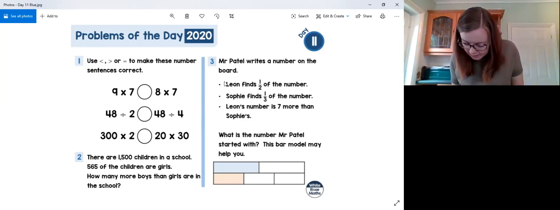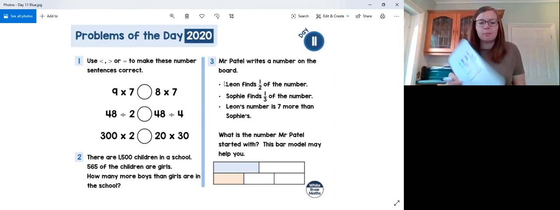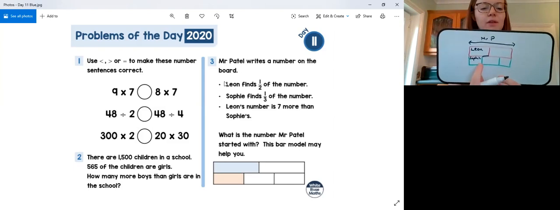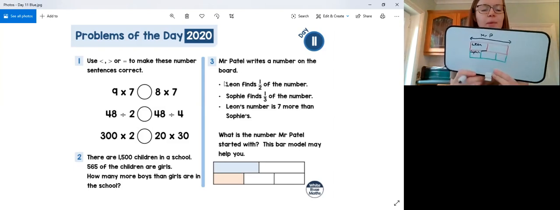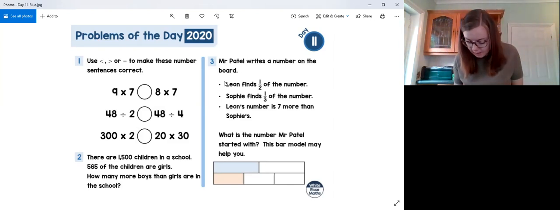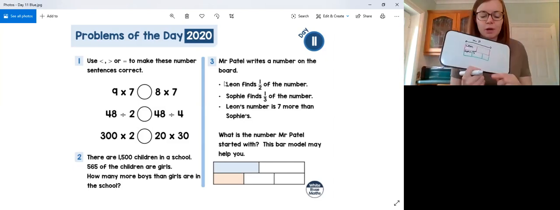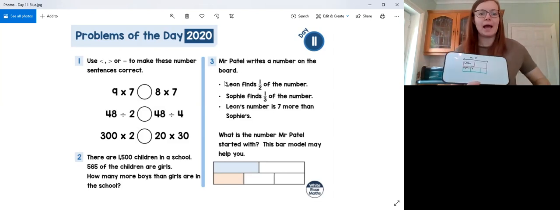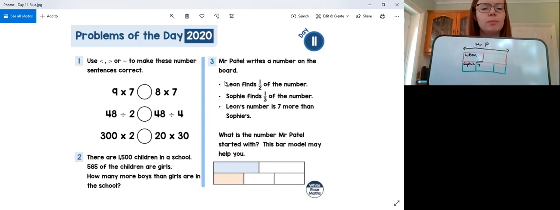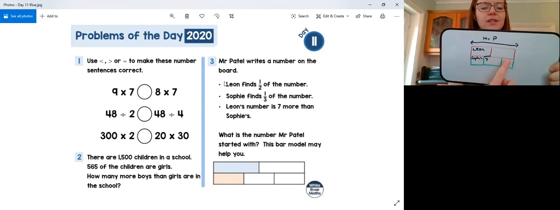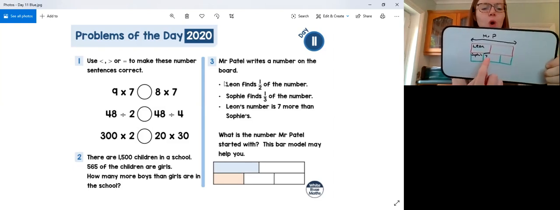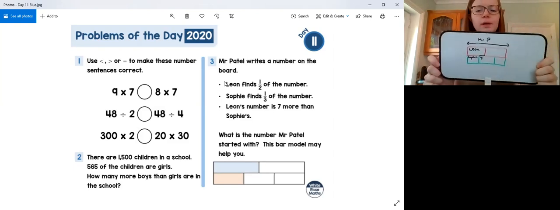So it is the difference between the end of Sophie's and the end of Leon's, or this black line here, is 7. Now because my drawing isn't particularly accurate, you might not be able to see how that 7 is useful because it's not worth a whole box.